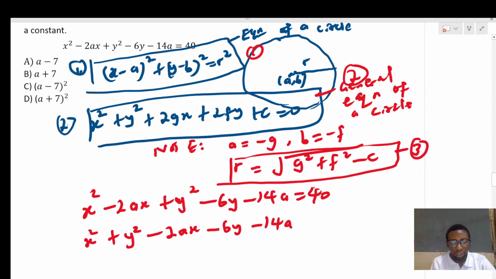If I bring this 40 over, it becomes minus 40 equals 0.